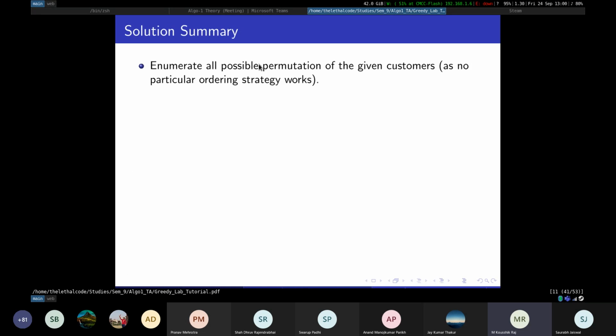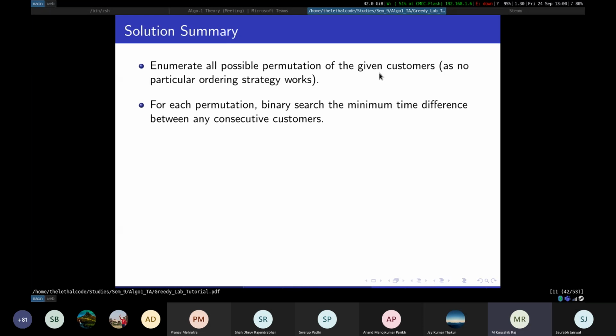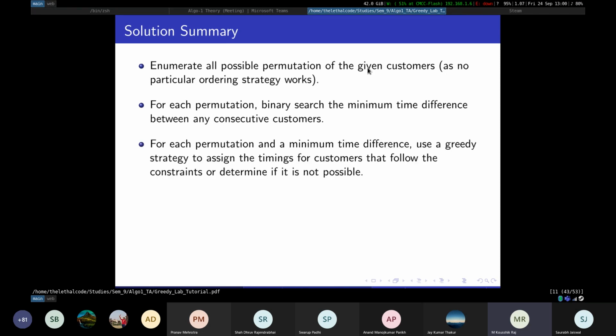So you have to enumerate all possible permutations, and for each permutation, binary search. We are talking about binary search on the minimum time difference between any consecutive customers. That's what this L is about. We are trying to binary search L, and how will you say whether a particular L works?